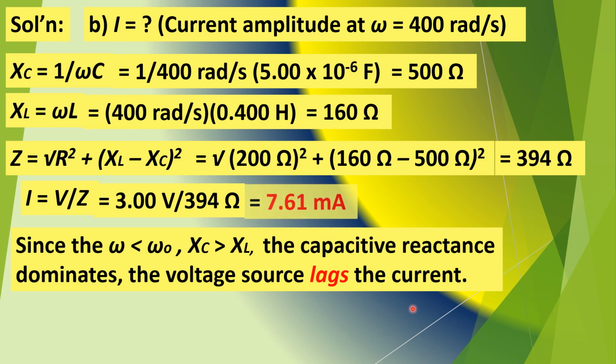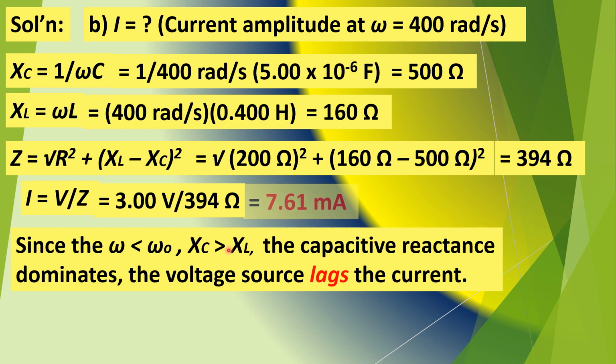And the final question, whether the voltage lags or leads the current. Our answer is the voltage source lags the current because we determined that the angular frequency, which is 400 radians per second, is less than the resonance angular frequency omega naught.